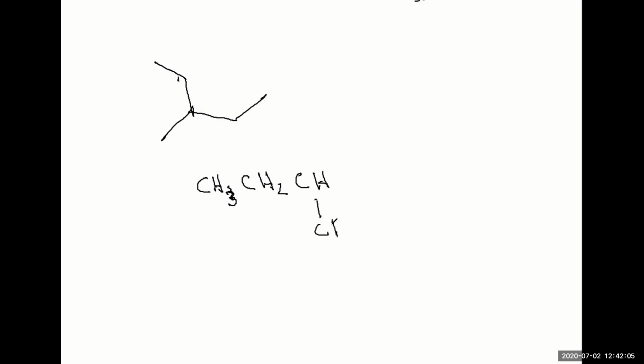So let's look at this compound here. So this one here, we can write CH3, start with CH3, CH2, CH2, CH, and then there's a CH3, a CH2, CH3. So we can write that one like that.